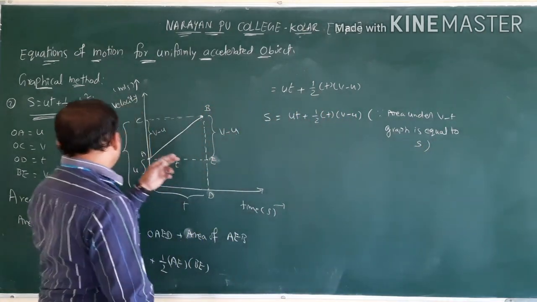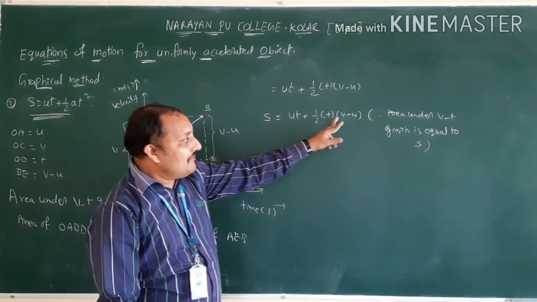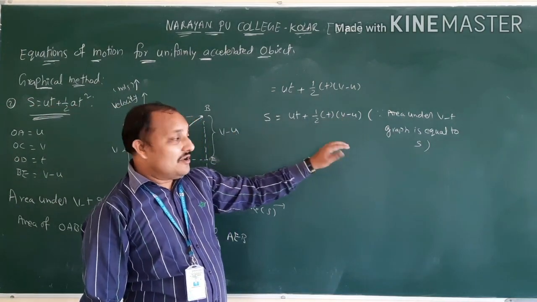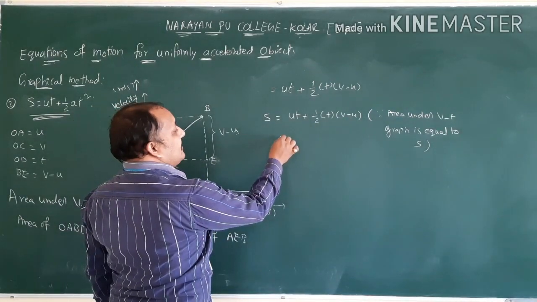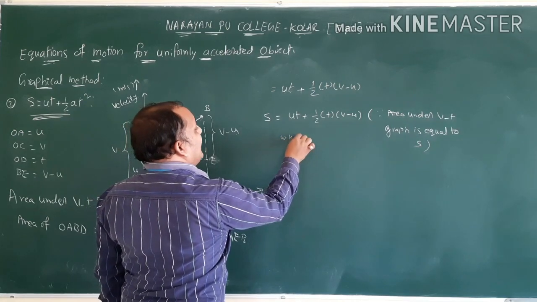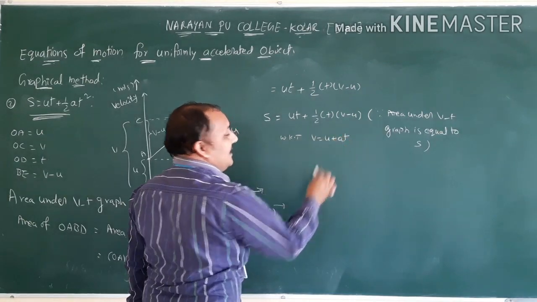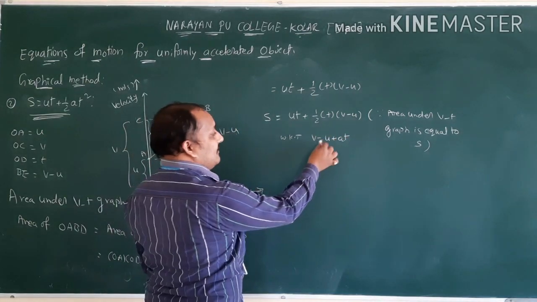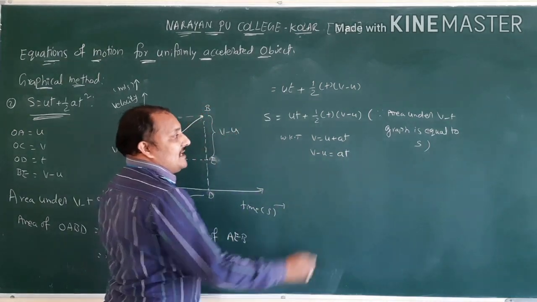Now in the equation we should get AT square, but here we got V minus U. Up to now you derived the first equation. Therefore we have to apply the first equation here. We know that V is equal to U plus AT, because we already derived this. From this, V minus U is equal to AT.